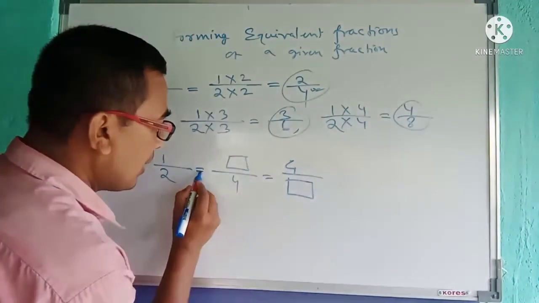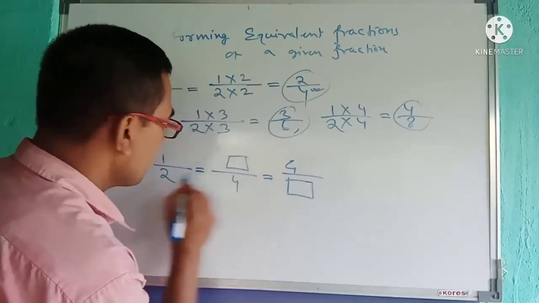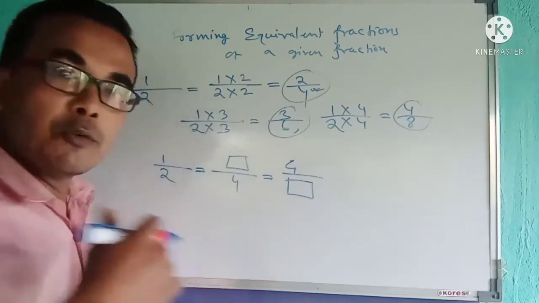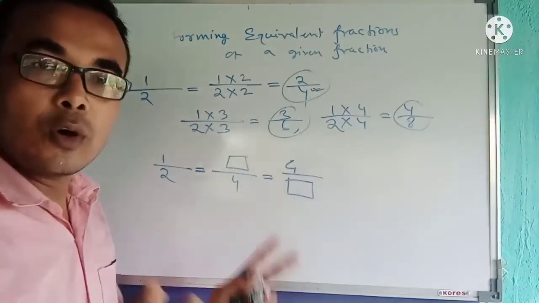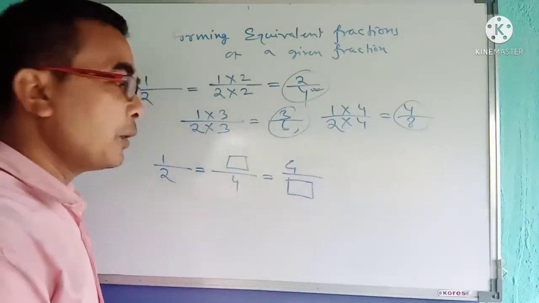And you have noticed here, all these fractions are given in equivalent form. That means all these fractions are equivalent to each other. So how can I do that?